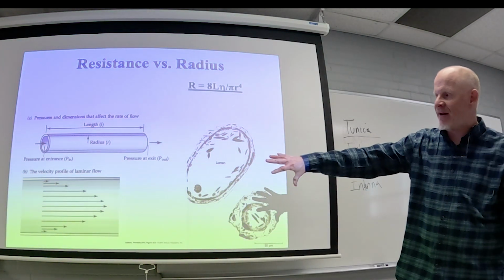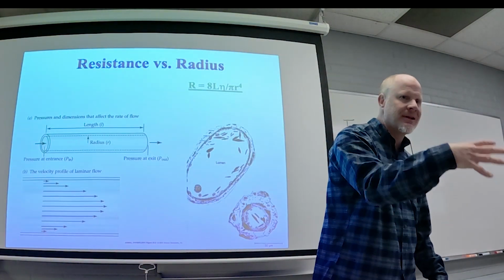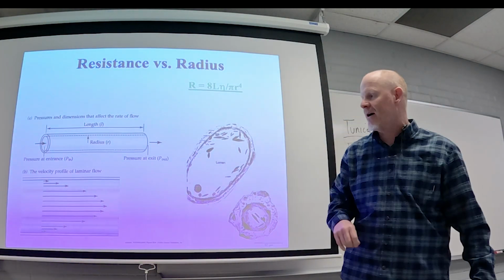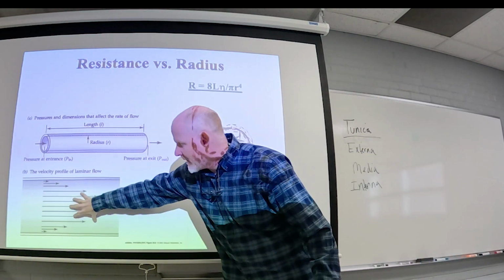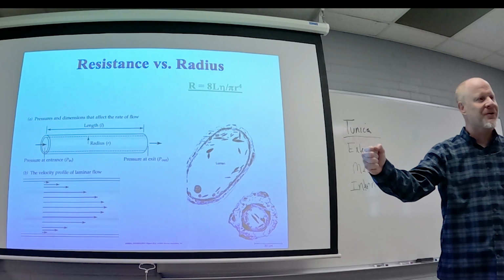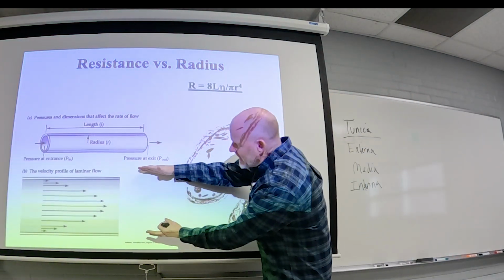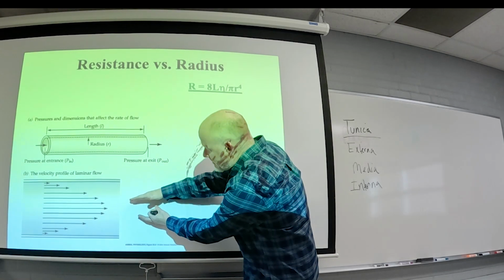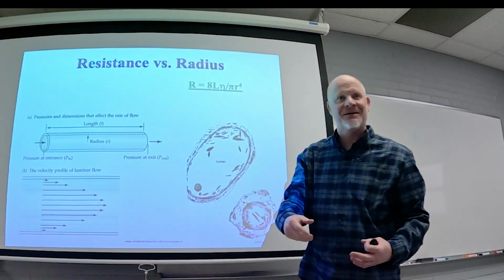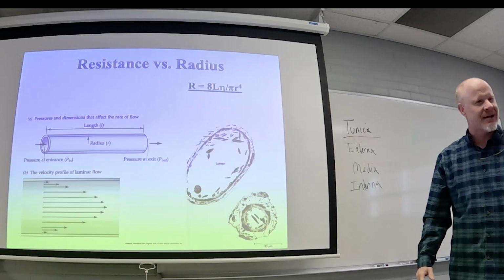It's the same thing in a blood vessel. The blood that's hitting the walls is swirling and slowing down, whereas the blood in the middle of the vessel is moving unhindered, right? It's moving at the fastest velocity. So if you make this blood vessel smaller and smaller, less and less of the blood is moving fast in the middle, right? A lot more of it's hitting the walls. Does that make sense?